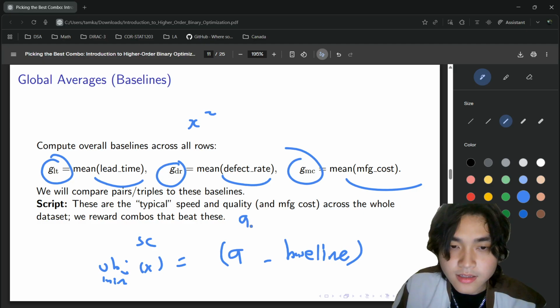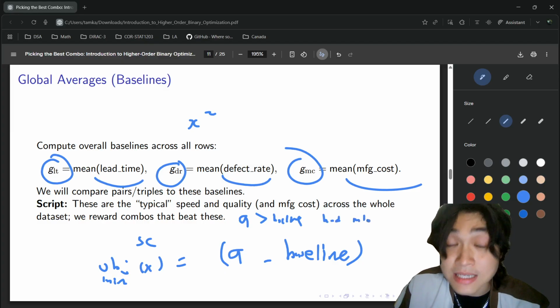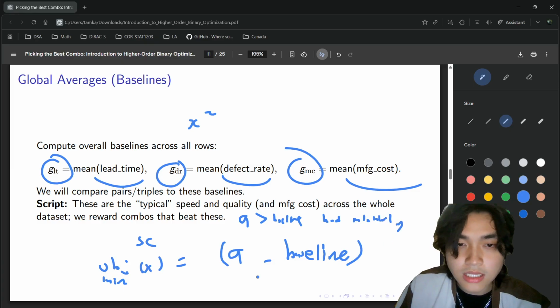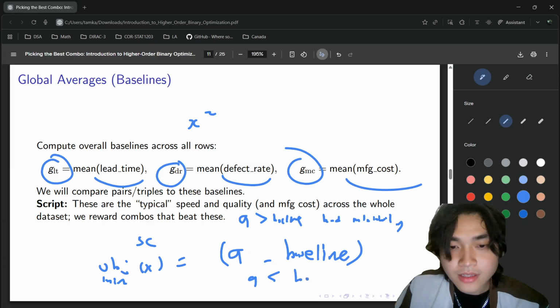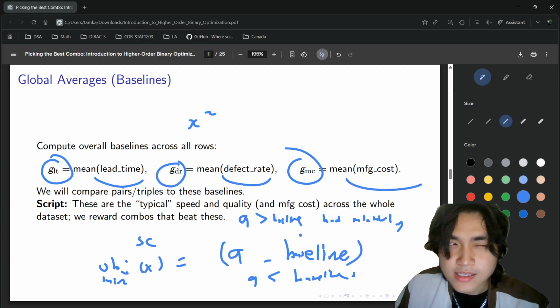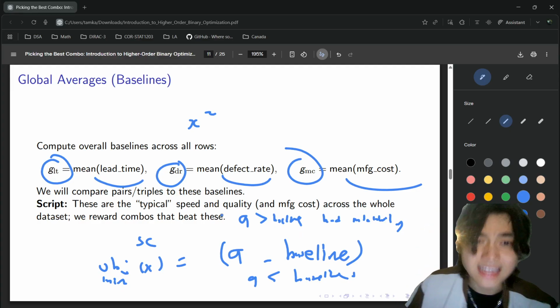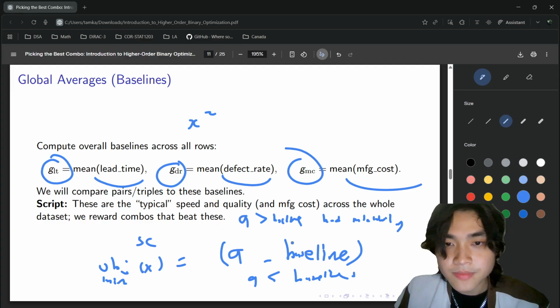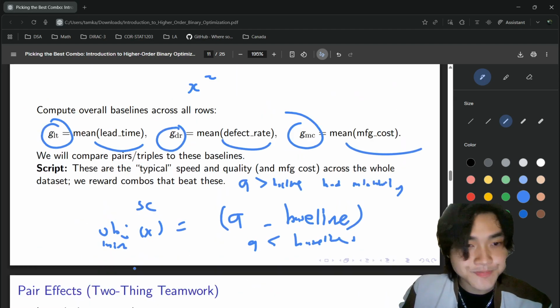Because if A is bigger than the baseline, then this entire thing will be positive, which is bad for our minimization objective function. On the other hand, if our coefficient here is smaller than the baseline, then it will be favorable. Because of that, we need some way to introduce a baseline, and in this case, it will be the global average for each of the features.